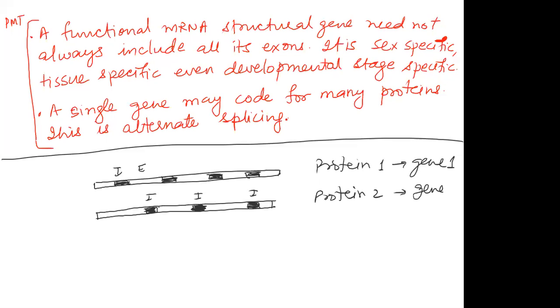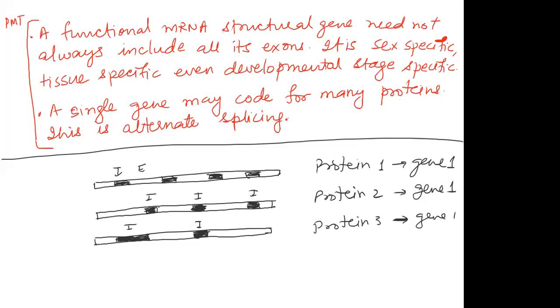Or it can be like this too. This can form the third type of protein also. Again suppose this intron, then maybe this one also acts as an intron, then this one also. This can be intron and this can be intron, but not the rest. So this will be forming the protein 3 from the same gene 1.